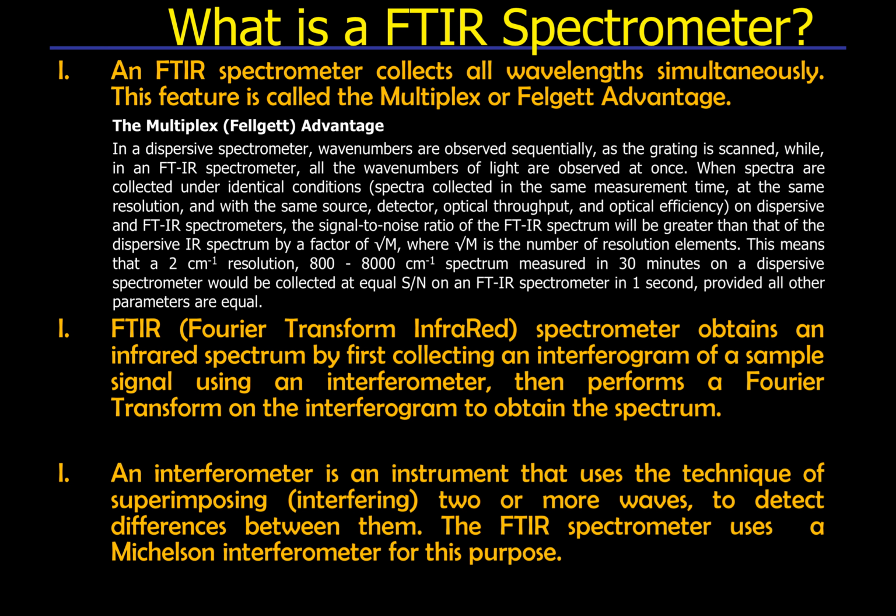So it first collects an interferogram. It's a type of time domain graph of the sample signal, and for this it uses an interferometer, and then it performs complex calculations on this using an algorithm called the Fourier Transform and converts it into a spectrum.